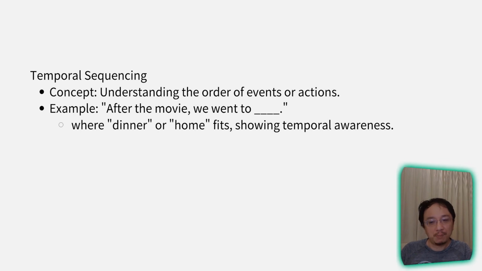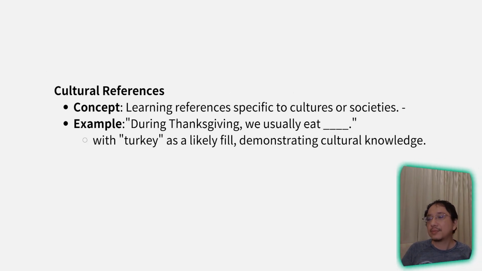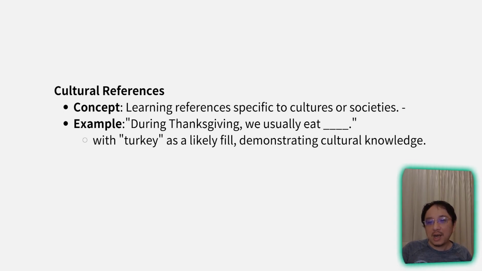Mostly I stay in blank city. So this type of question helps the model to learn the relations between geographic entities. You can also learn some cultural relevance from this type of sentence, like during Thanksgiving, we usually eat, and of course it is turkey.